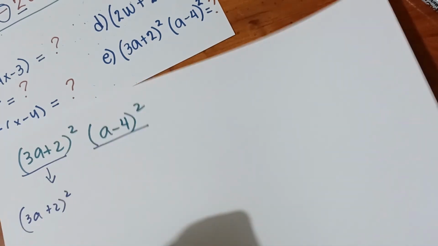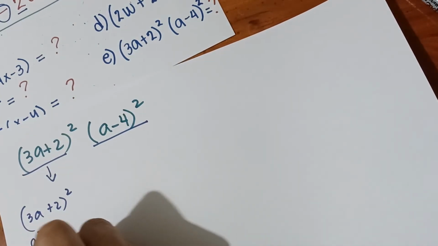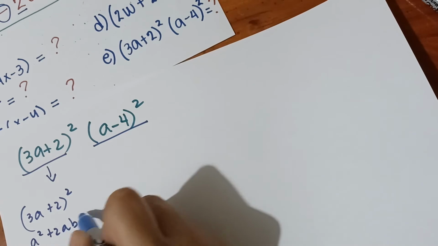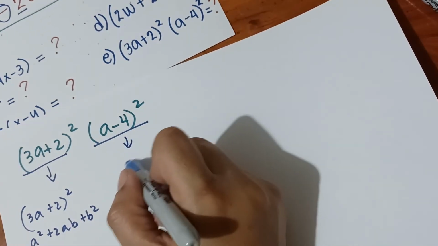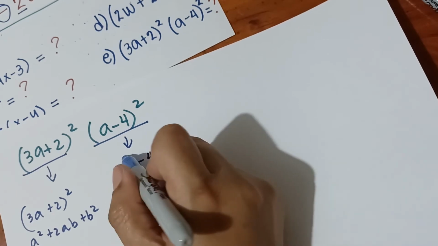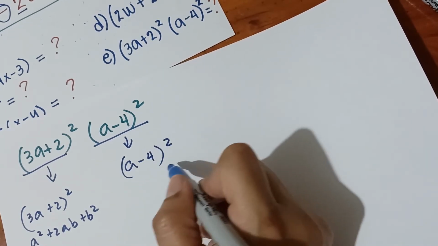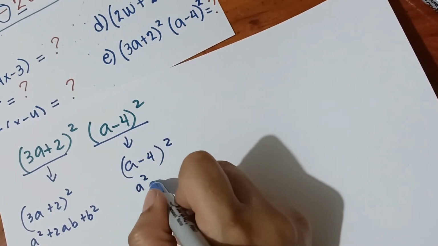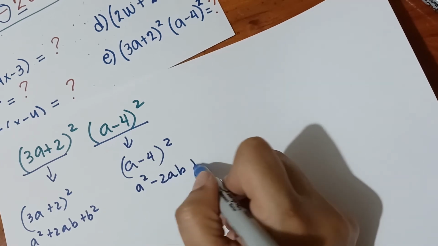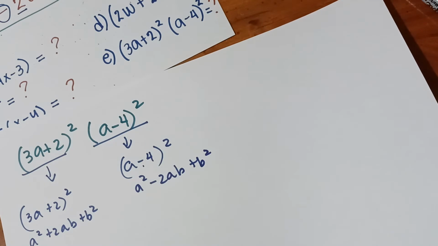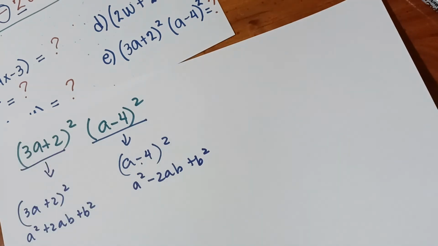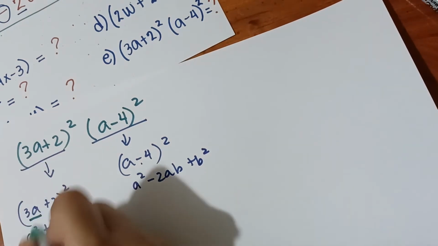So, using the formula, a squared plus 2ab plus b squared. And then this one, a minus 4 squared, you have to use the formula a squared less 2ab plus b squared. Why minus? It's because the middle term is minus. Now, substitute what those are. So, our a is this whole thing.